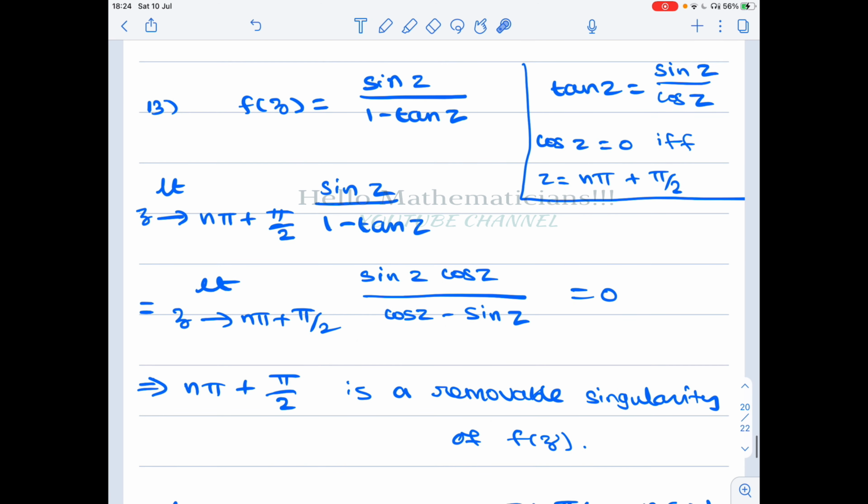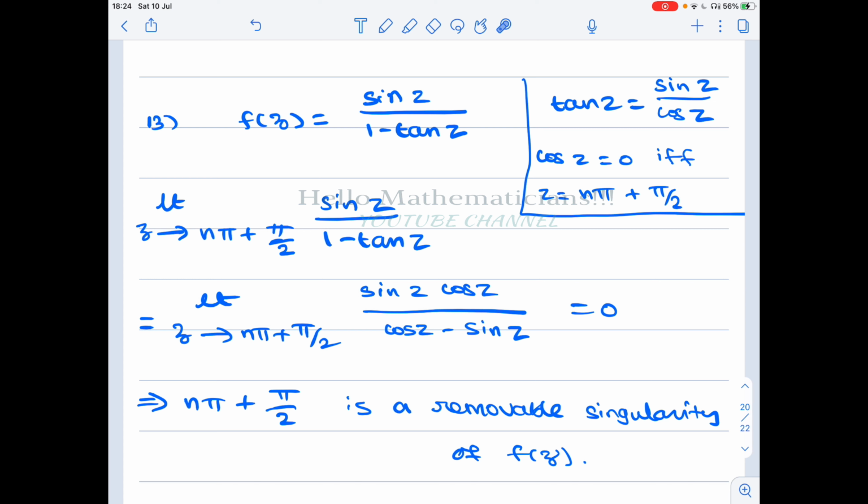Okay, let's continue. F of z equal to sin z by 1 minus tan z. Now this function has two types of singularities. First, tan z equal to sin z by cos z, so wherever cos z is 0, at that point this function is not defined, so they are all singularities.